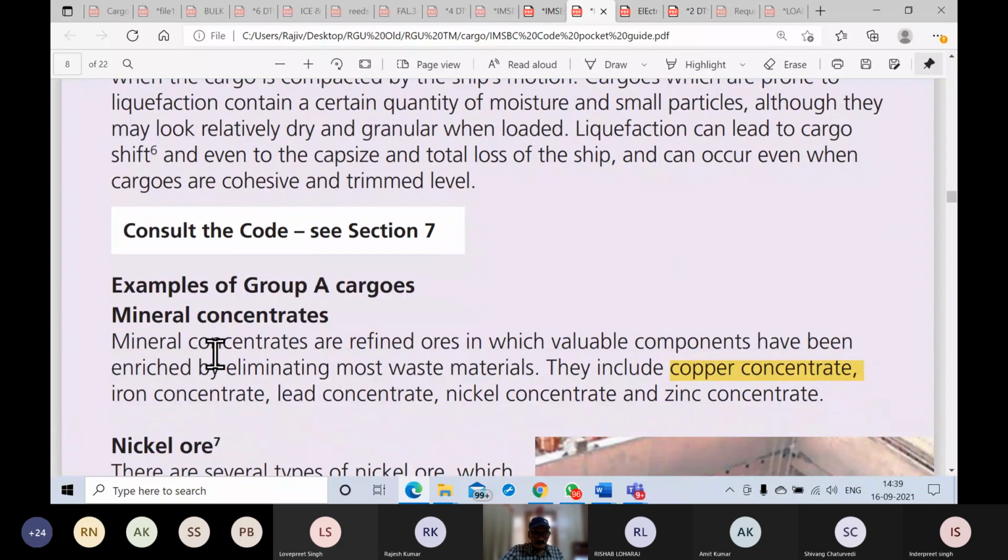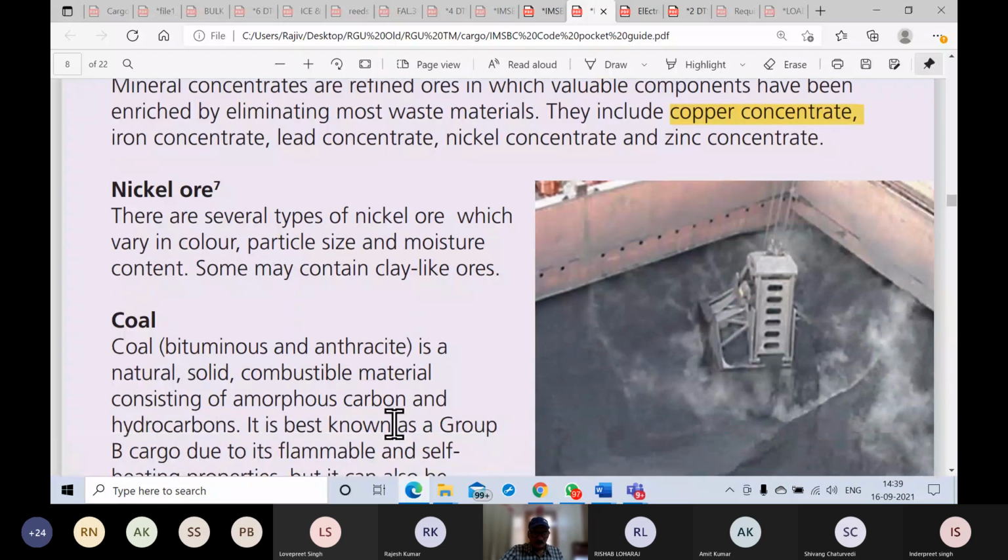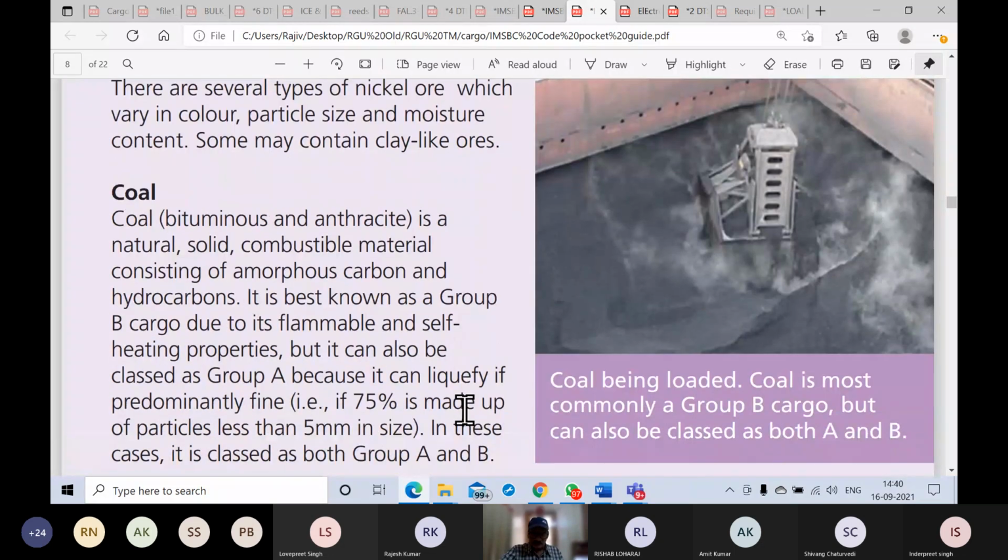Some examples: mineral concentrates, refined ores, copper concentrate, iron concentrate, all these are susceptible to liquefaction. Nickel ore is also susceptible, and this can behave very strangely. Coal is also prone to liquefaction.